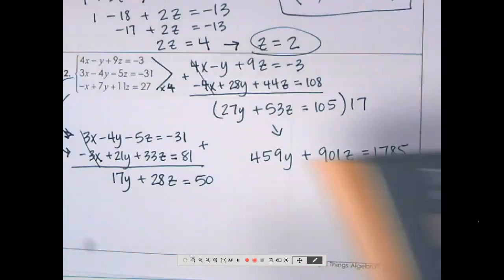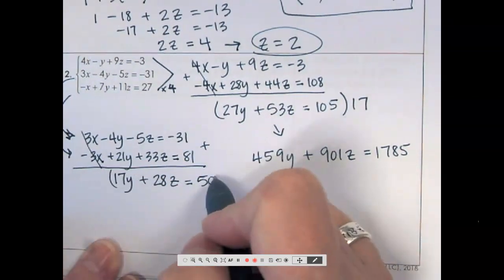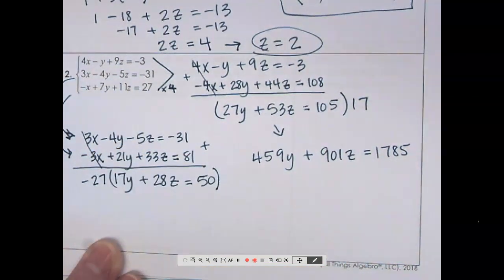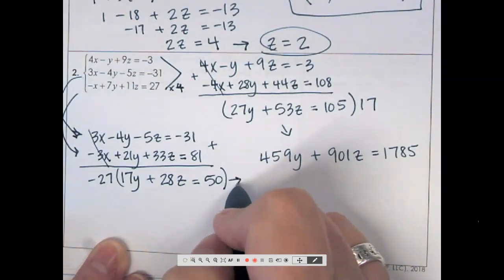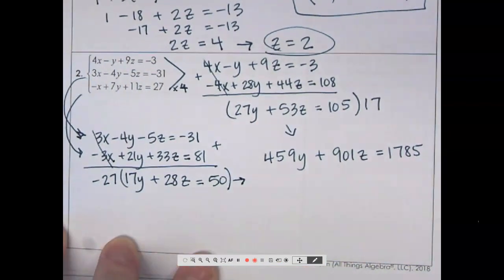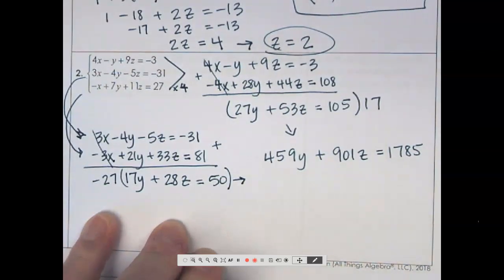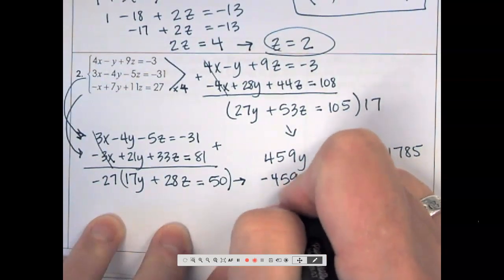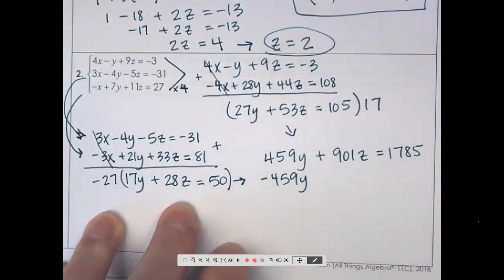Okay. This one is going to be multiplied by negative 27. Negative 459.